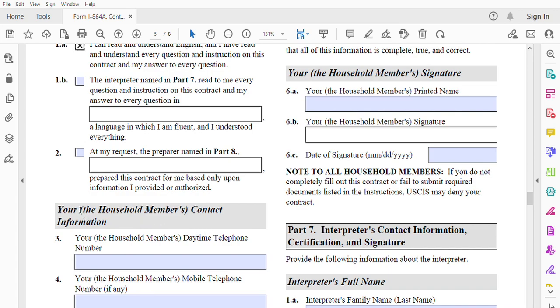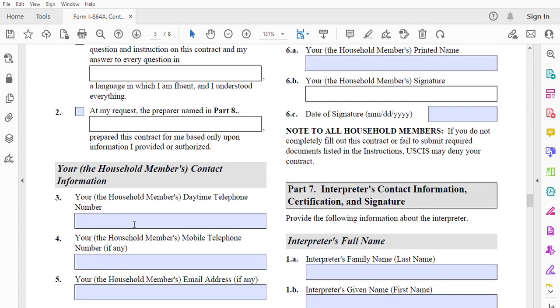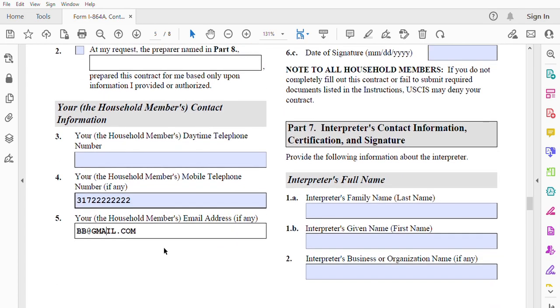So the household member contact information, your household member's daytime telephone number, we're gonna use the cell phone number, 317-2222, that's a fake phone number, and the email address is bb@gmail.com. Remember, as I said before, this is how NVC and USCIS will communicate with you.